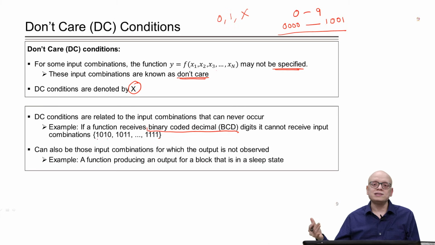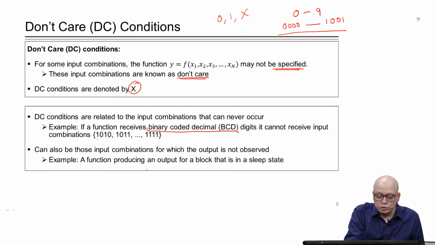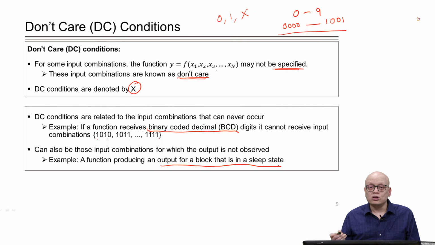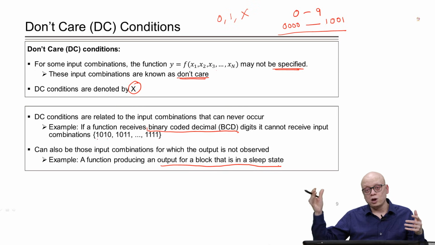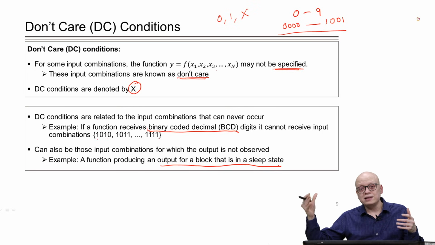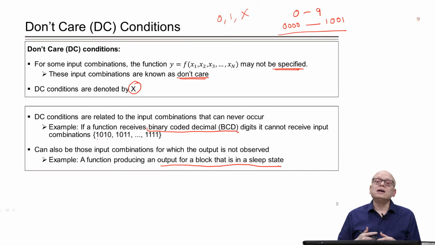If the block is in the sleep state, whatever output we produce, it will not be able to read it, or it does not care to read it. Therefore, a function producing an output for a block in the sleep state can consider those inputs which put the block in the sleep state as do not care conditions.